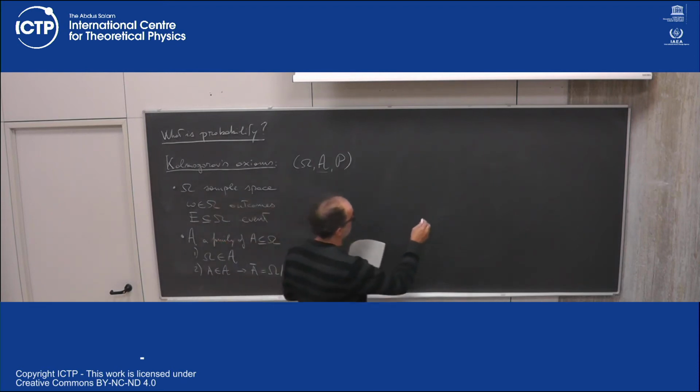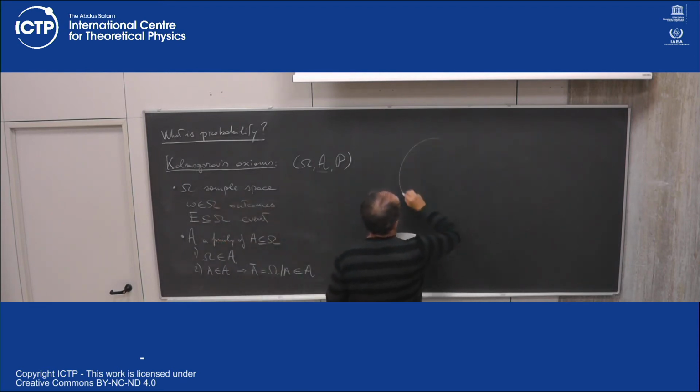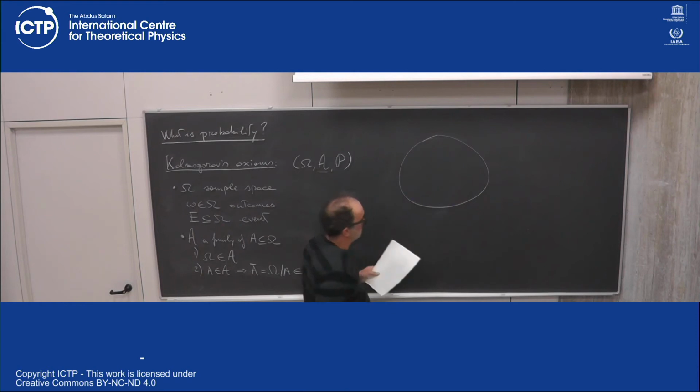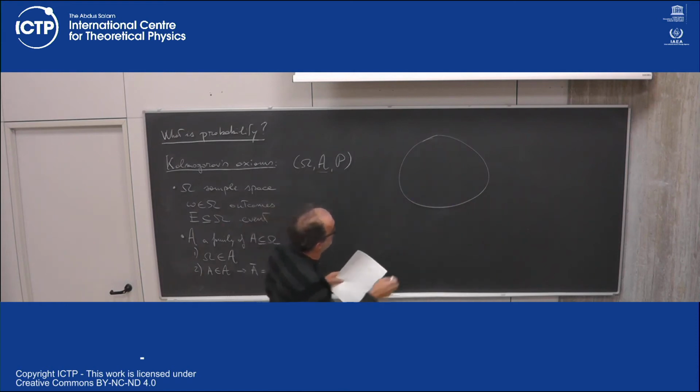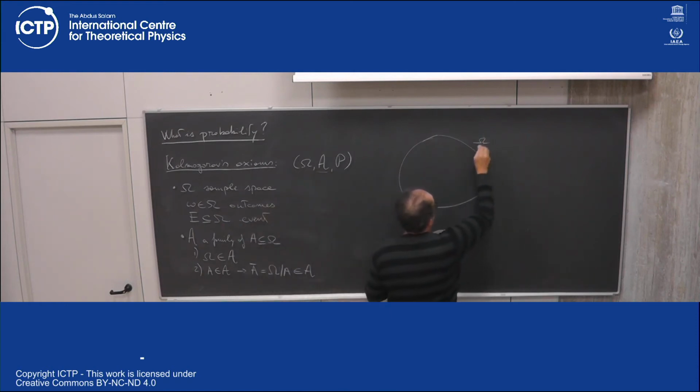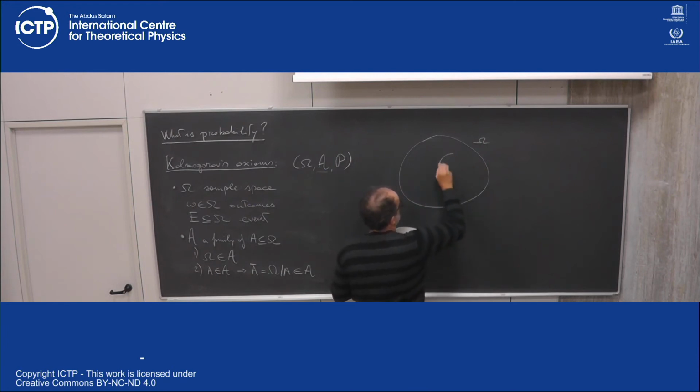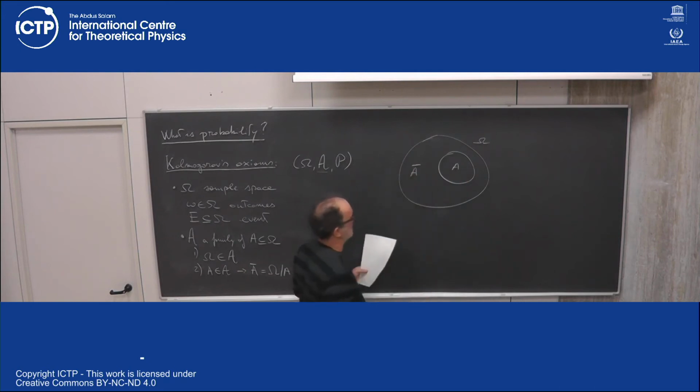So usually you have this Venn diagram type of graphical notation. If this is the set of all possible outcomes, then this is an event A, and all the rest is the complement of A. Okay.